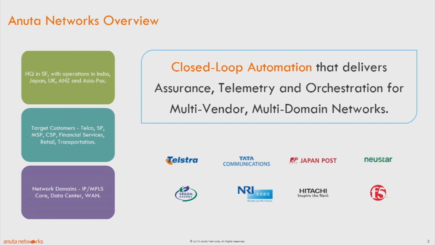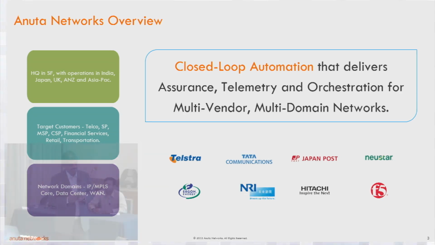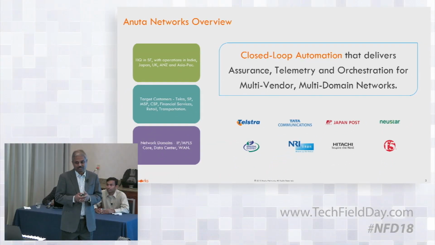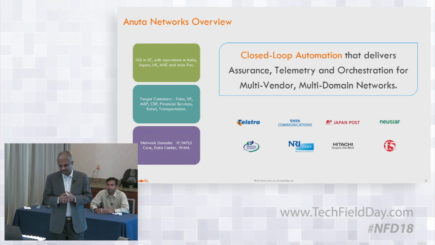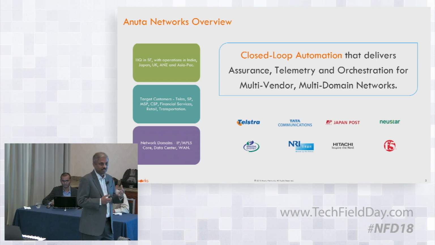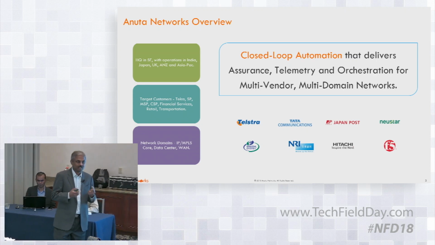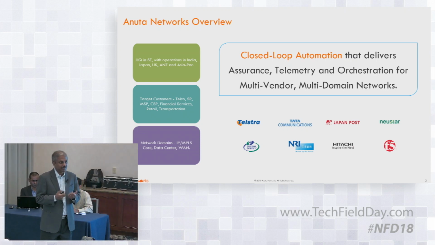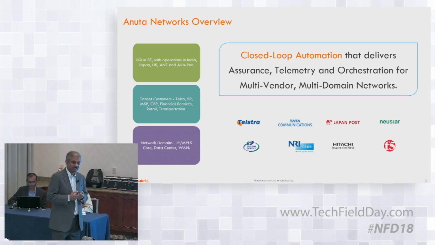This technology works across cross-domain networking, which includes branch, campus, data center, and MPLS networks. And our target customers include, as I mentioned earlier, large enterprises, MSPs, CSPs, and tier 1 service provider customers.